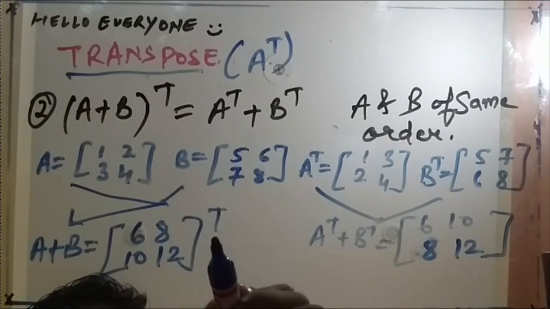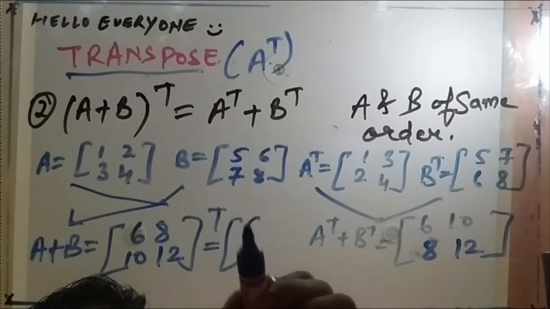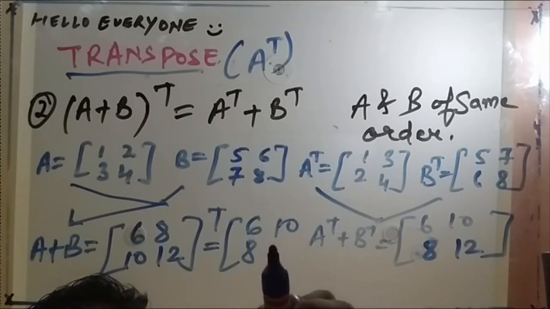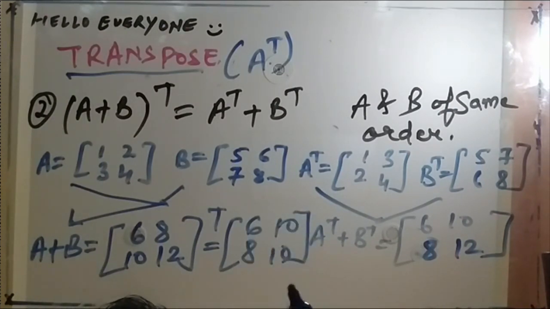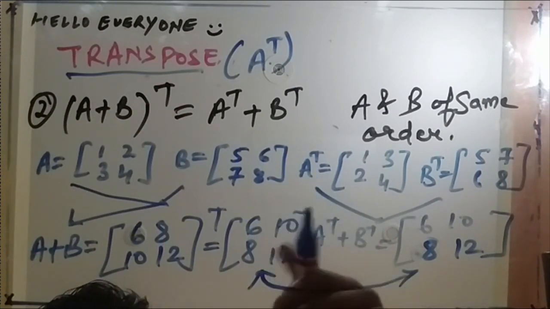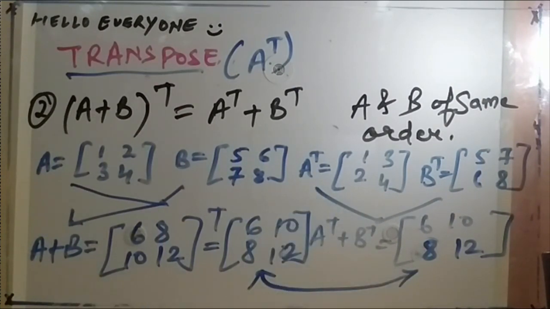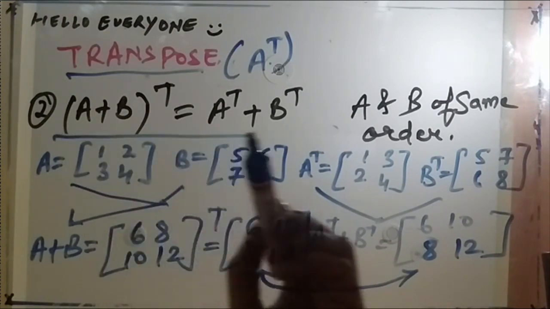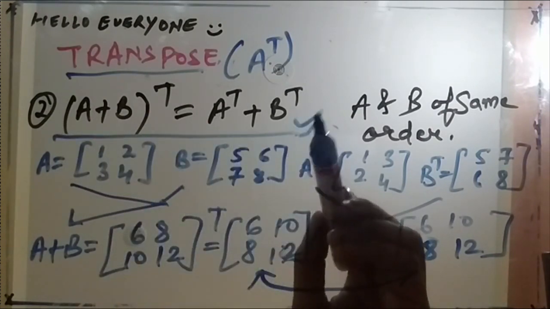Let's transpose this one. 6, 8, 10, 12. As you can see here, this matrix and this matrix both are same. It is 12. So this property is valid. Okay.